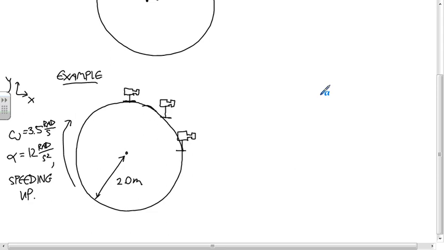And let's say with this camera, we're observing an object that has a mass of 10 kilograms.